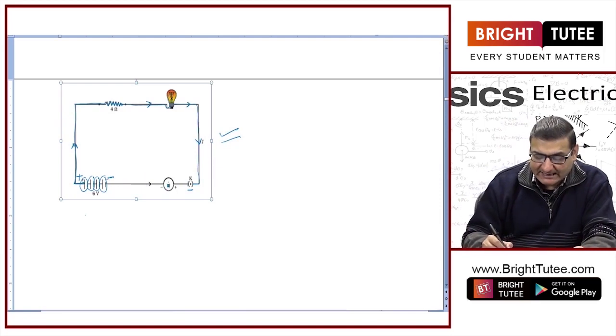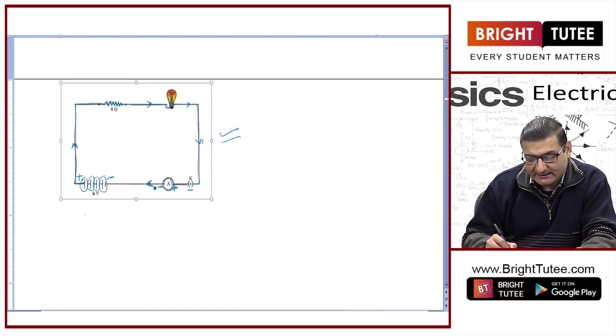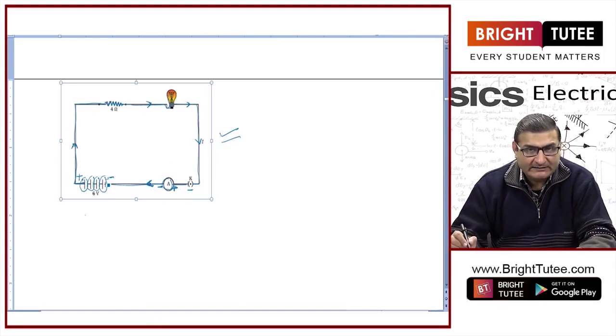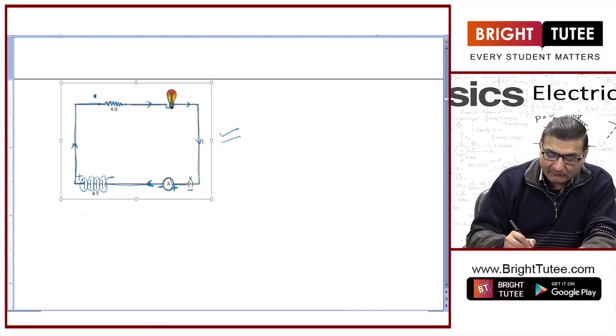Fine. This is an ammeter which is connected. Similarly, this is the positive side, this is the negative side. So, the current is coming like this. Fine. If we want to place a voltmeter also, we will place it in this circuit across this resistance.